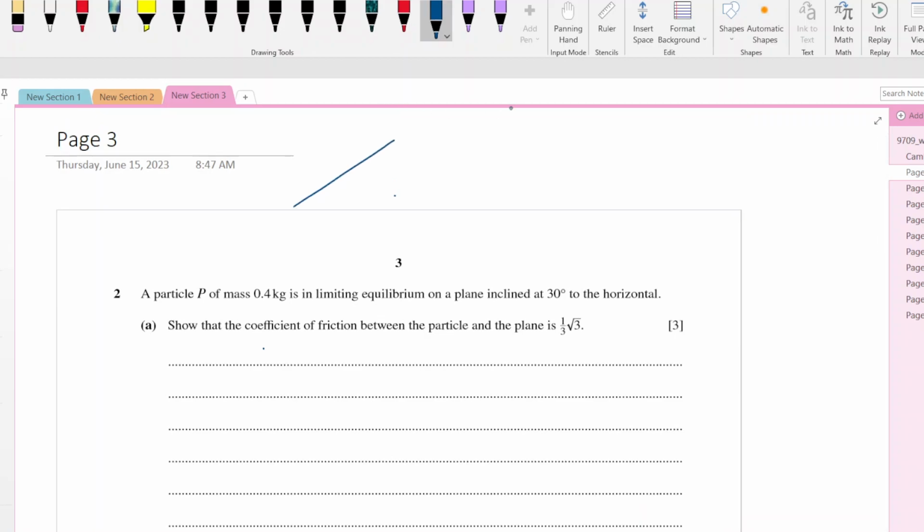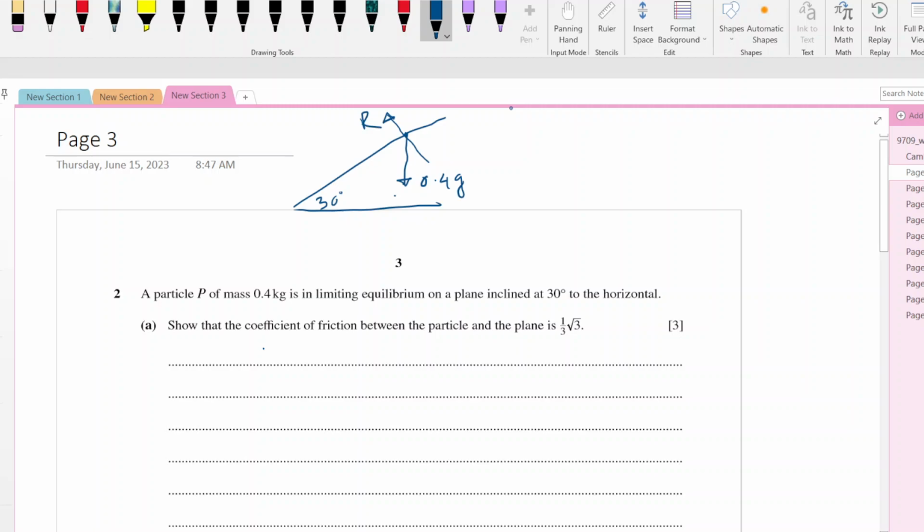Let me sketch the situation. This is 30 degrees, and this is the mass, and its weight acts vertically downward, 0.4 g, and this is the normal reaction.